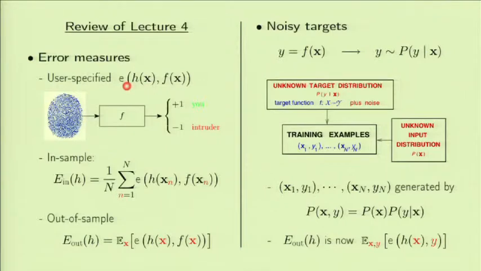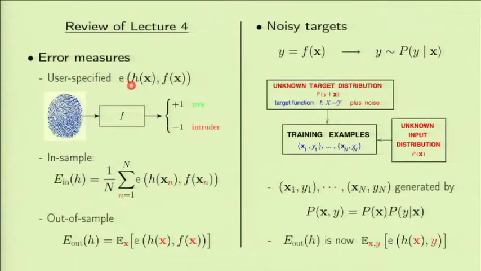And that is something the user can specify, the price to pay when they use H instead of F. And that is the principled way of defining an error measure. In the absence of that, which happens quite a bit of the time, we go to plan B and resort to analytic properties or practical properties of optimization in order to choose the error measure.